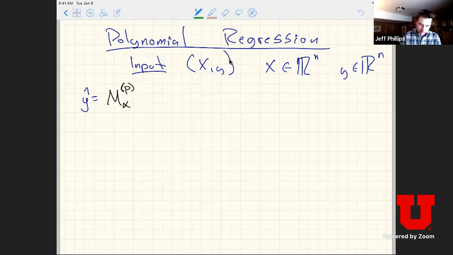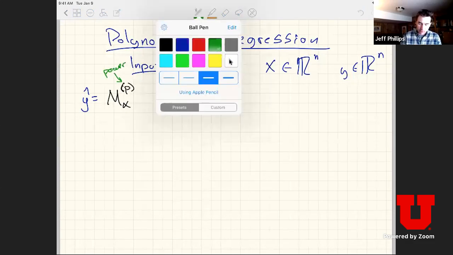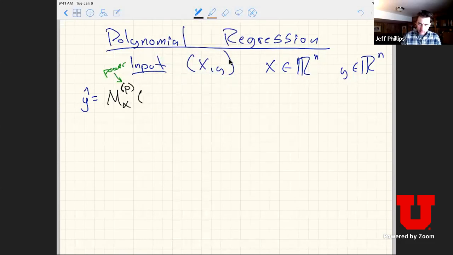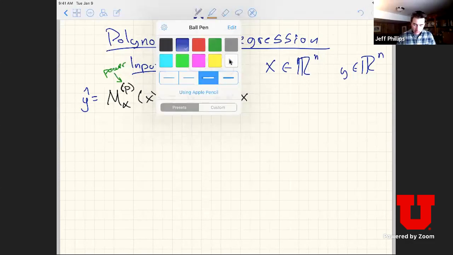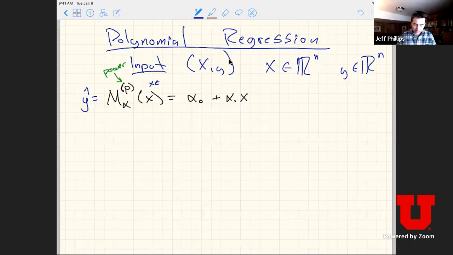So the polynomial involved of some value x is going to look like alpha 0, again the offset built in here, plus alpha 1 x. It's just a scalar now, right? So now this x in this case is in R1, just a scalar value, as we'll worry about at this point in this class.